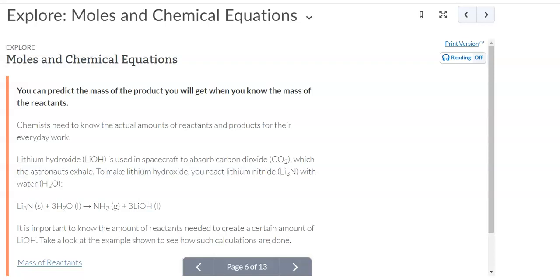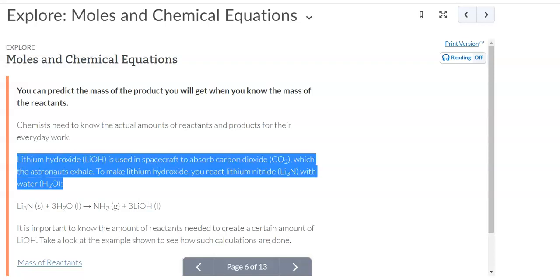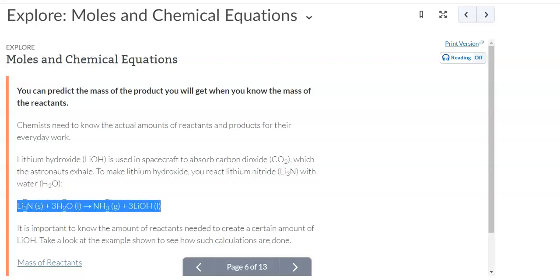So according to this, lithium hydroxide is used in spacecraft to absorb carbon dioxide, which the astronauts exhale. To make lithium hydroxide, you react lithium nitride with water, and the chemical equation is right here. Solid lithium nitride reacts with 3 moles of liquid water to produce a mole of ammonia, or that should be an S for solid, not G for grams.